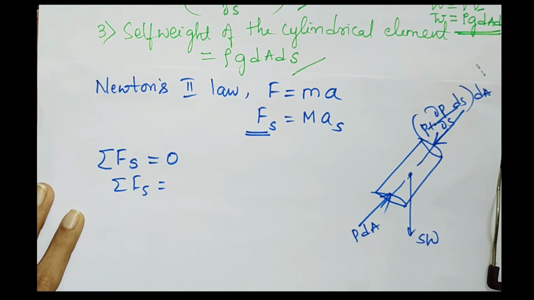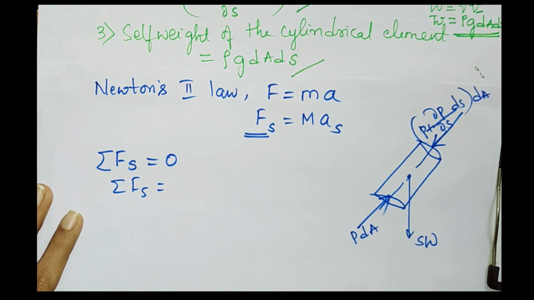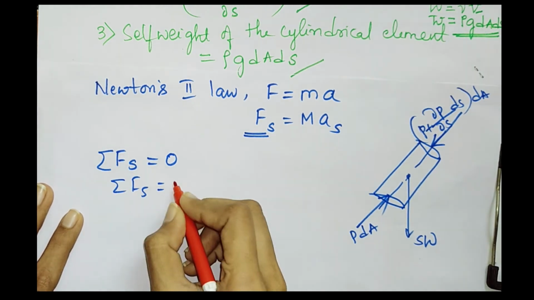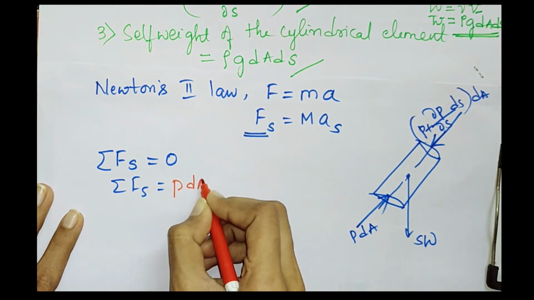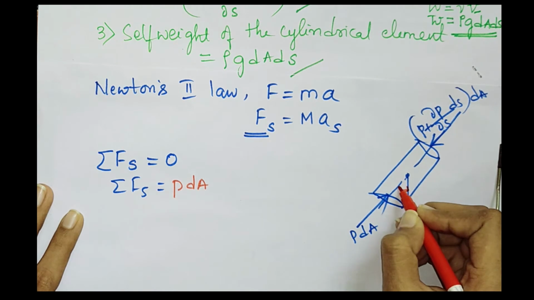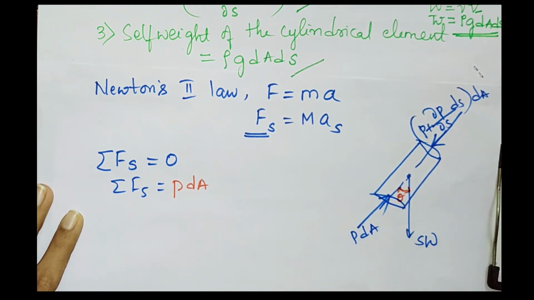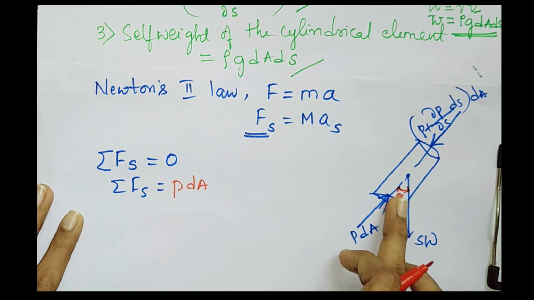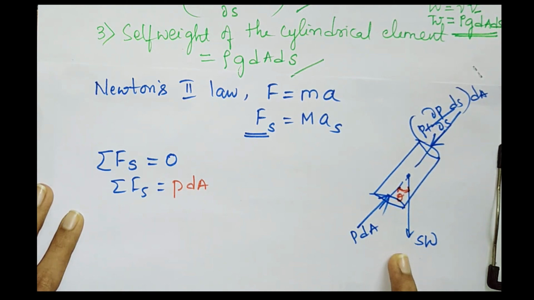P into dA is acting towards the right, so it is plus P dA. The self weight is at an angle. Theta is the angle between the direction of flow and the line of action of the self weight.